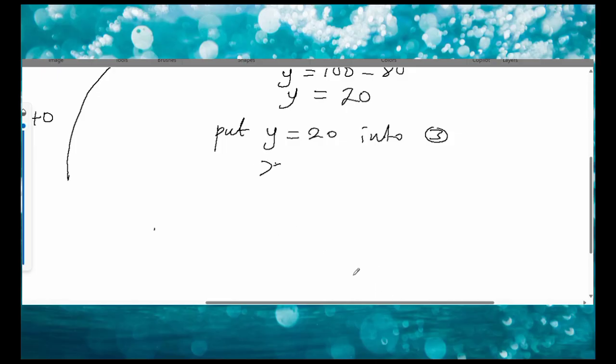So in place of y, you write 20 there. So my x will be equal to 40 minus 20. That will give us what? 20.